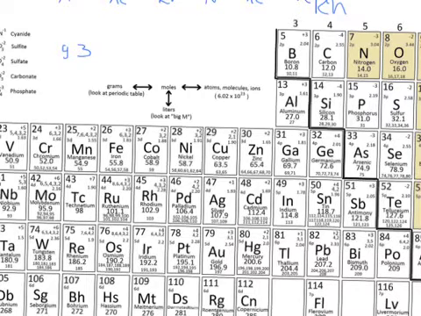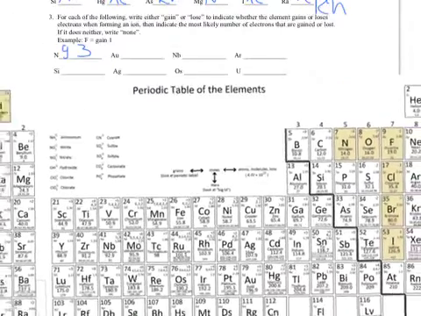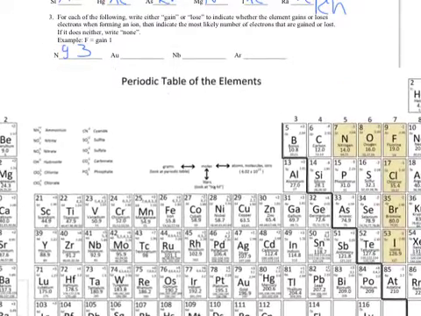So a +3 charge means that it's going to lose, so let's put L for lose, it's going to lose 3. Now let's find niobium. If I look at niobium, I see niobium here is +5. That means it's going to form a +5 ion. In order to do that, it has to lose 5.